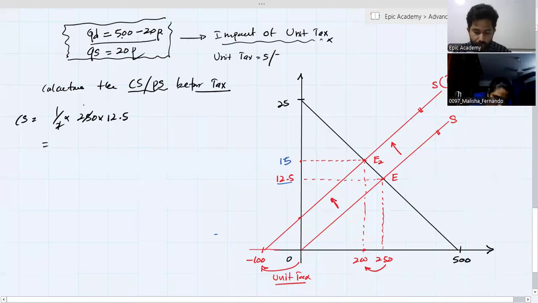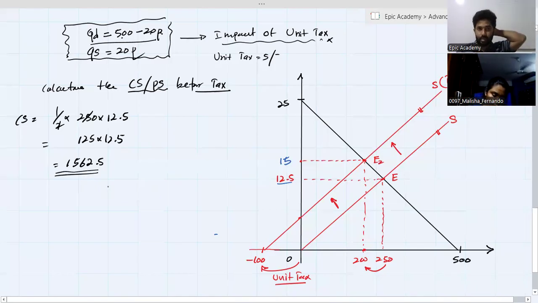I mean 250 divided by 2 is 125. 125 multiplied by 12.5 is 1562.5. Yeah, this is the value for the CS. I will write it down here. CS 1562.5.